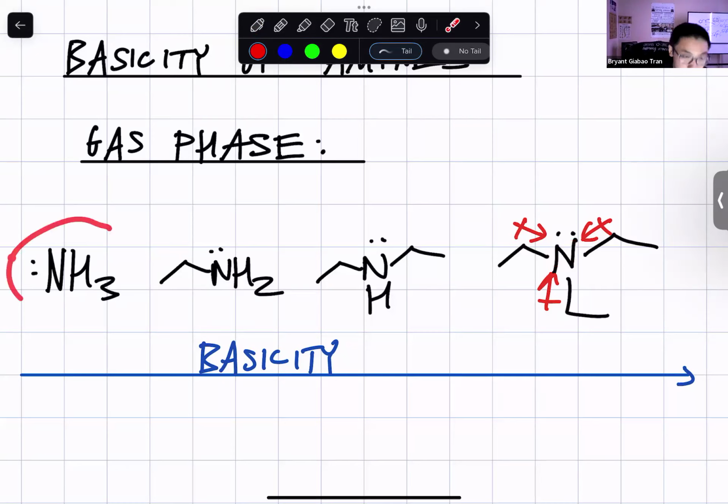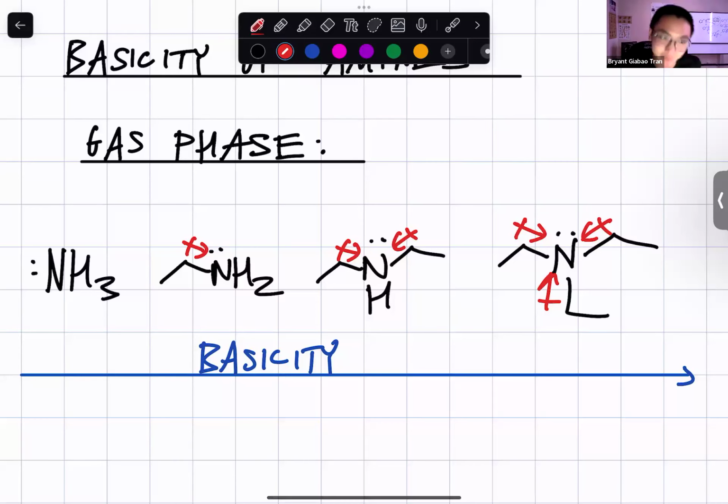Whereas at the other extreme, ammonia has no R groups attached to it, so it's the weakest base. Primary has only one R group, secondary has two R groups. So that's the most straightforward scenario in gas phase because all we have to worry about is the amount of R groups attached to the nitrogen.